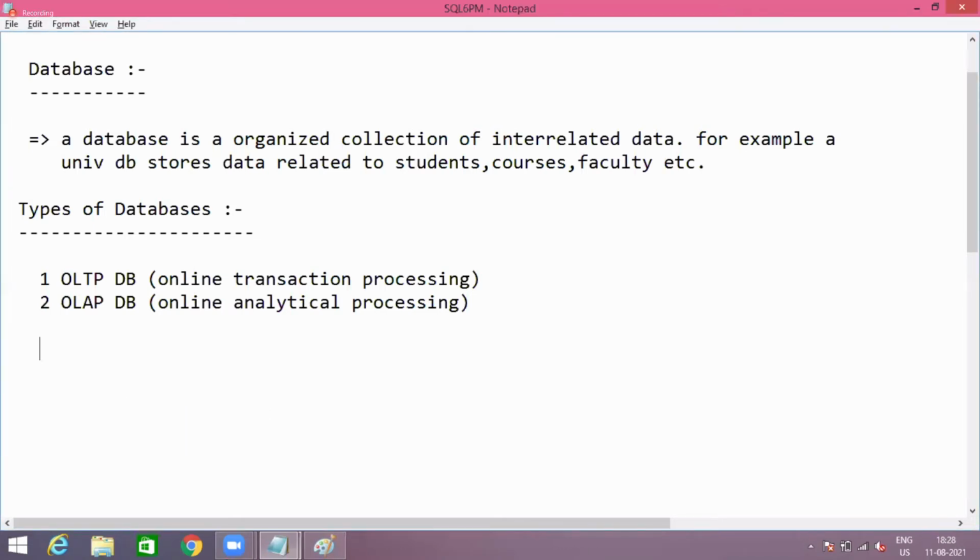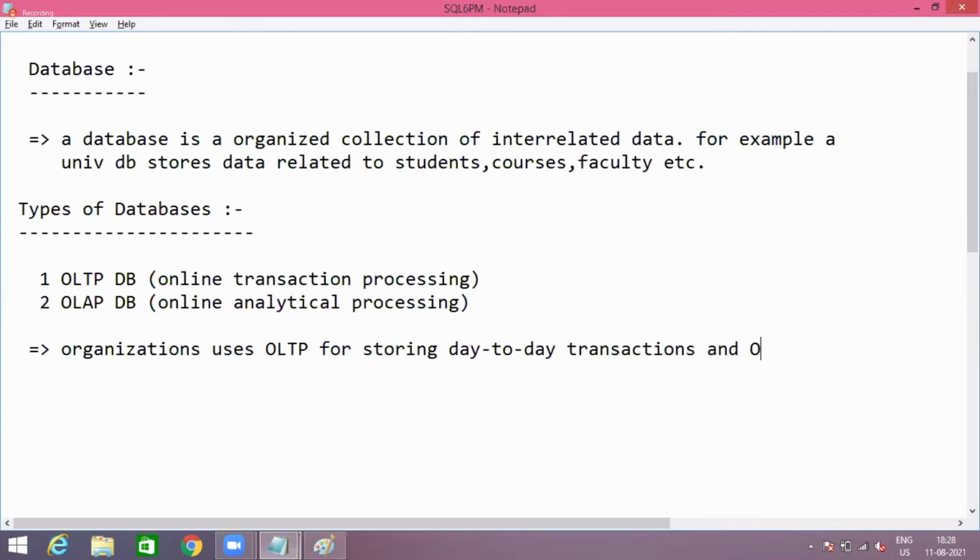If you want, I'll write the points here. Organizations use OLTP for storing day-to-day transactions and OLAP for analysis.